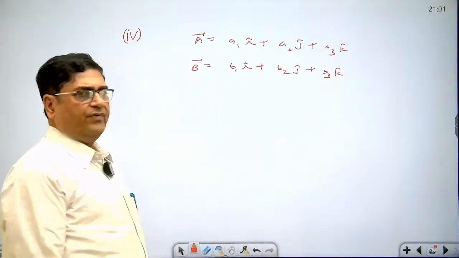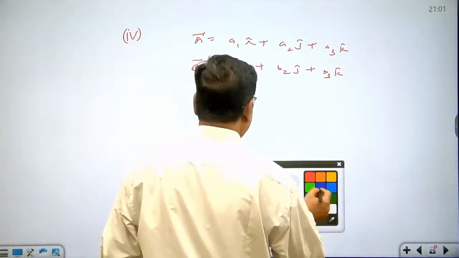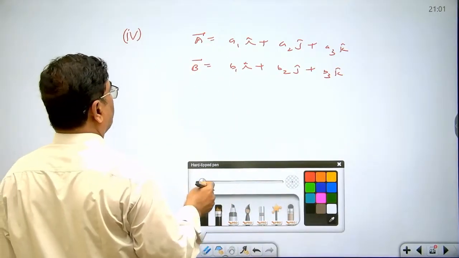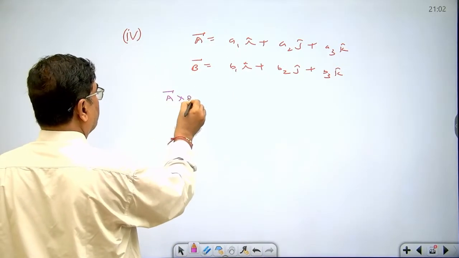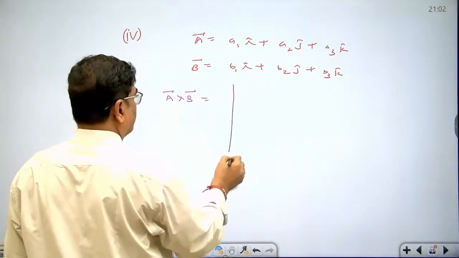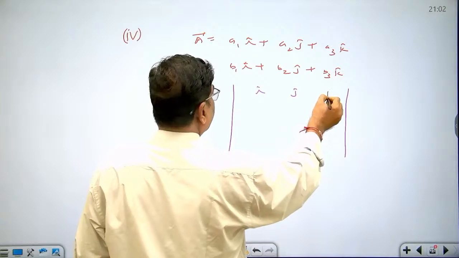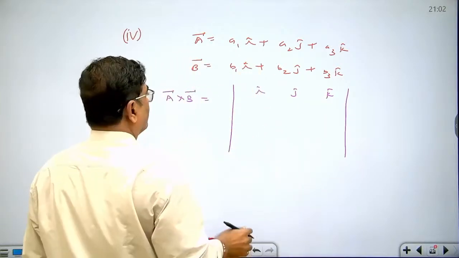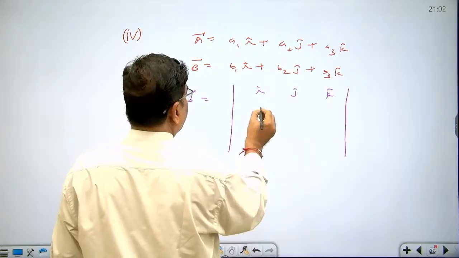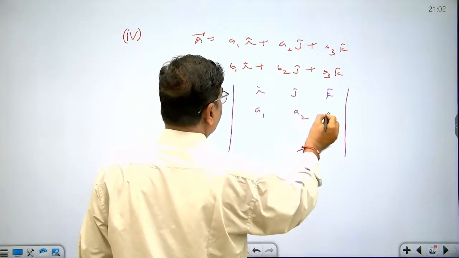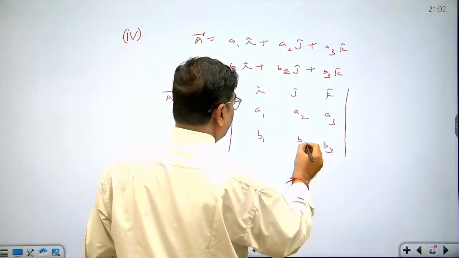Now we are interested in finding A cross B. Either we can directly multiply without changing the order, or we can use the determinant method used in mathematics, like this. This is I cap, j cap and k cap. Put the coefficients: first the coefficients of vector A, that is A1, A2 and A3, then B1, B2 and B3.